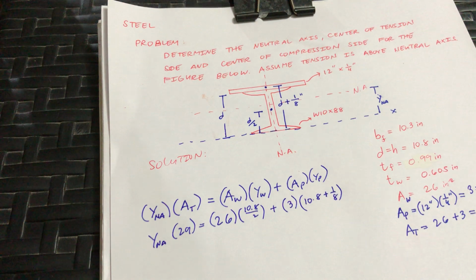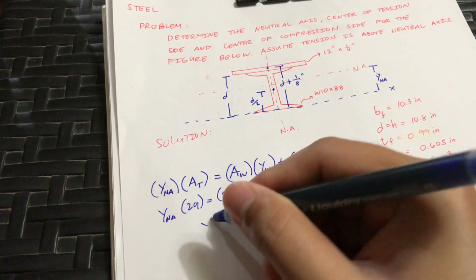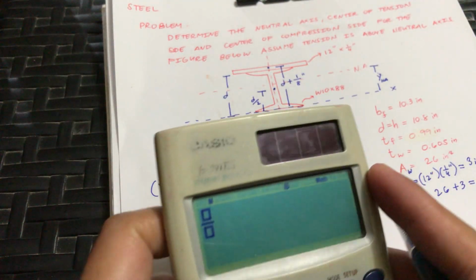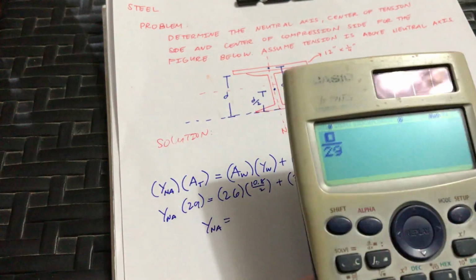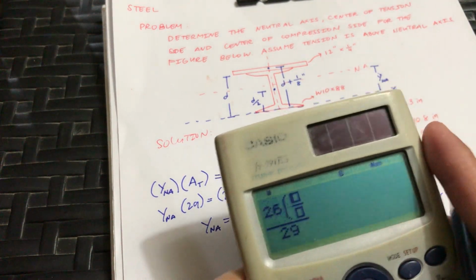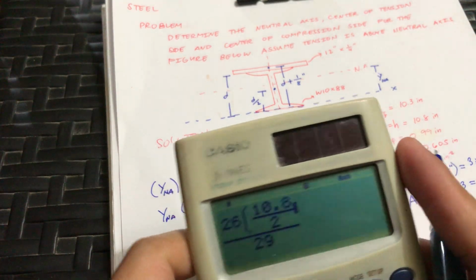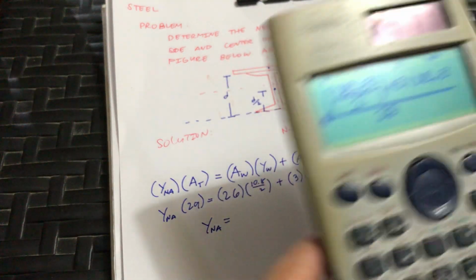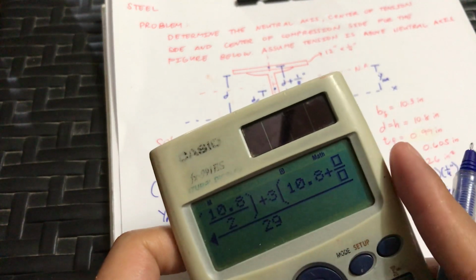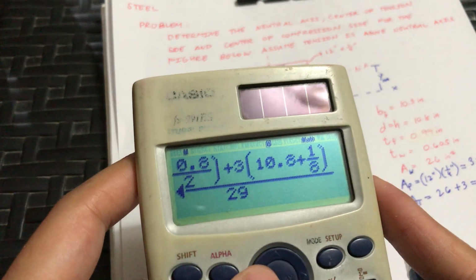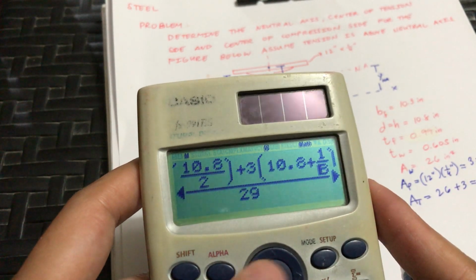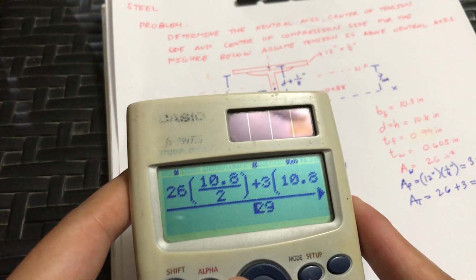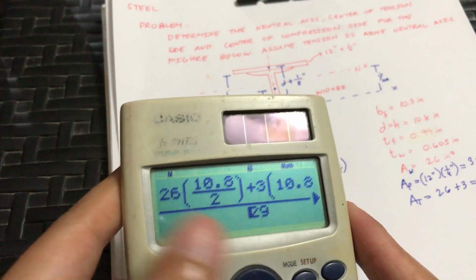Okay, we only have one unknown, which is the ȳ. So solving it, we cross multiply 29, so this is 26 times 10.8 over 2 plus 3 times 10.8 plus 1/8, all over 29. Okay, so you have it here.